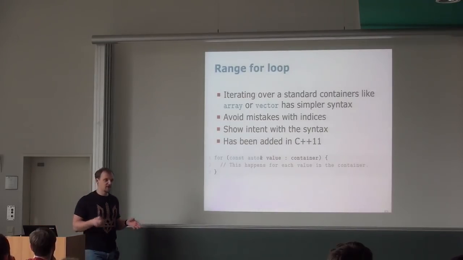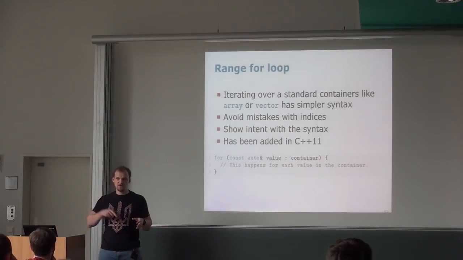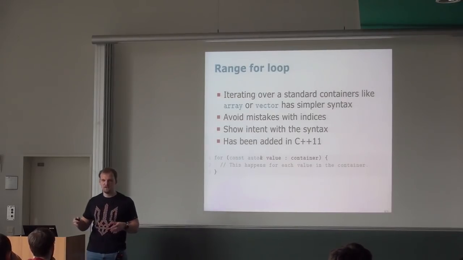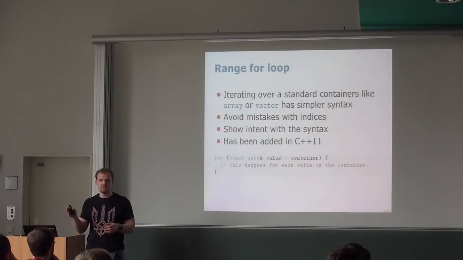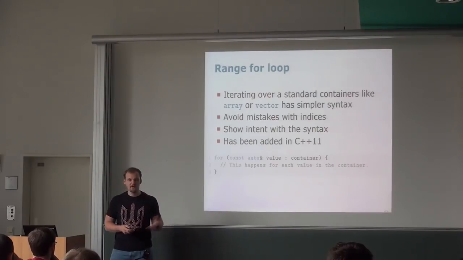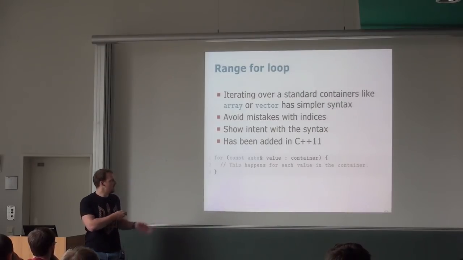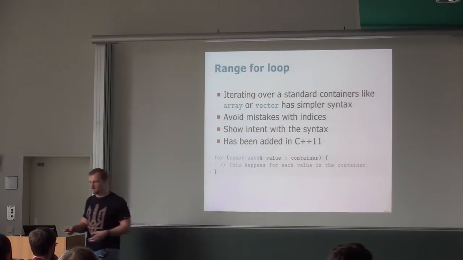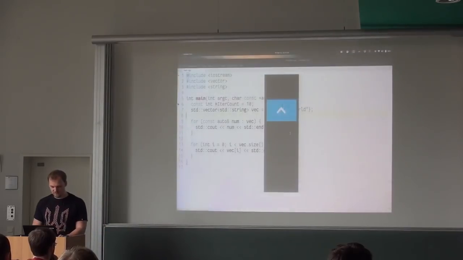Right, so generally if you don't have a weird pattern of jumping over the elements in the vector, use a range for loop. If you just want to iterate over all values in the container, use the range for loop. You can even use the same thing. So this container can be a string, for instance. Then you will actually iterate over all characters of that string.